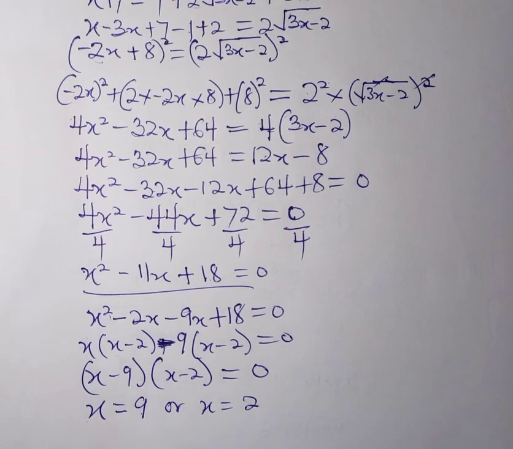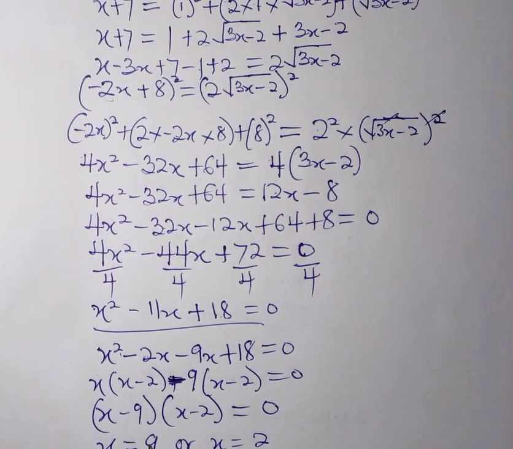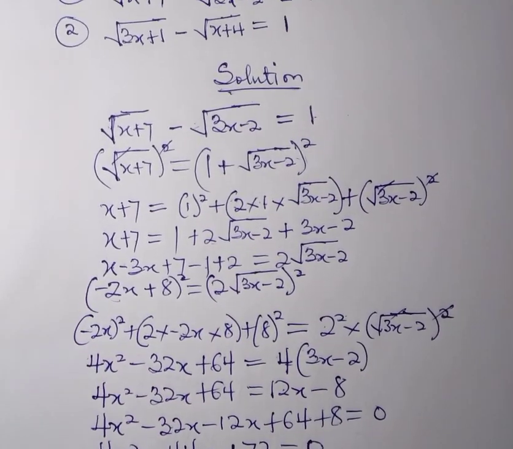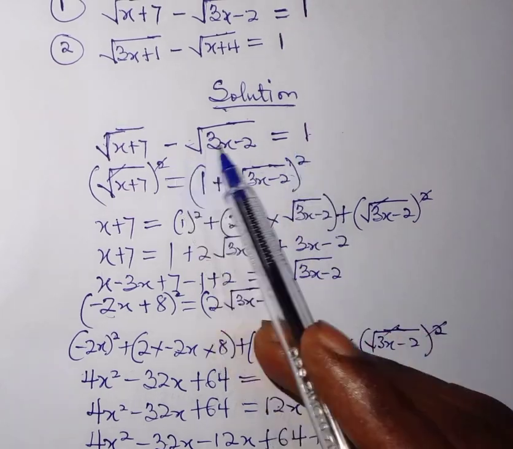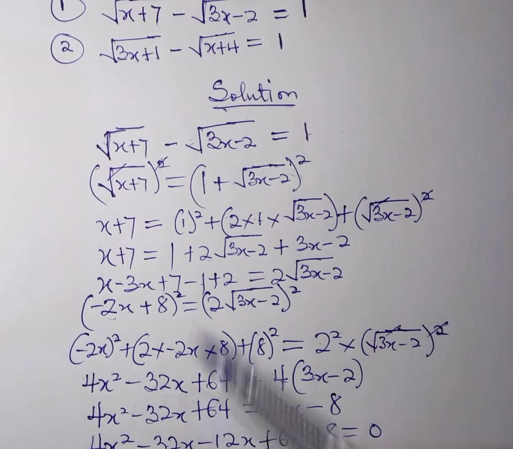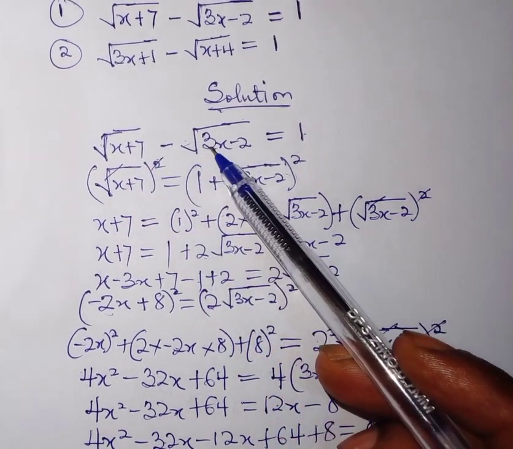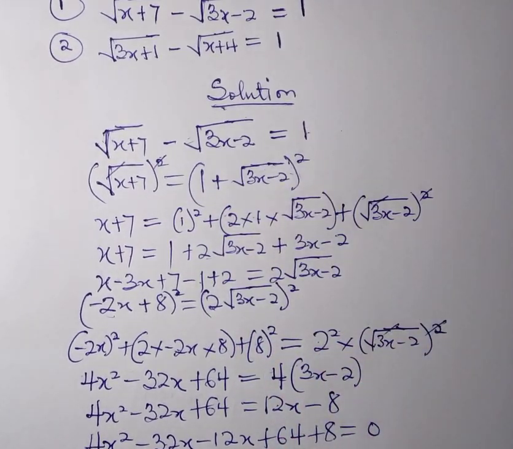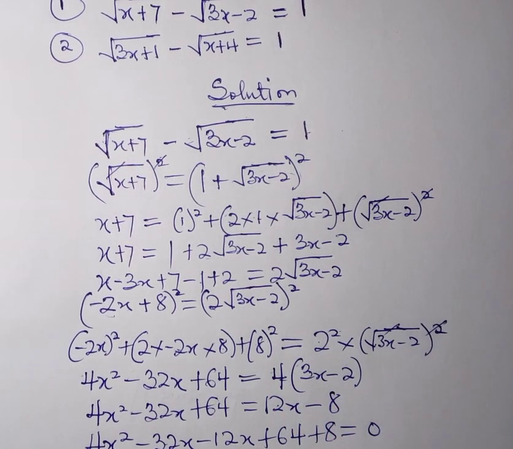What you do after getting the solutions is substitute these values into the main question and see if your solution is true. So we put 9 here and see if we get 1. When we finish, we put 2 here and see if we get 1.